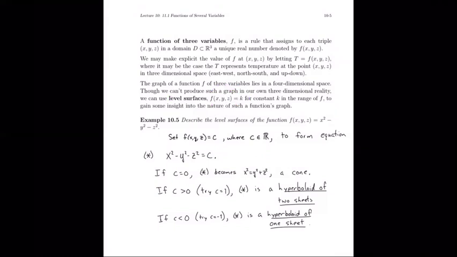So below, we set f of x, y, z equal to c, where c is some real number. Of course, we're given this function and we're asked to describe the level surfaces of it. So this is what we're dealing with. And we'll write that down below. We've got x squared minus y squared minus z squared equals c.